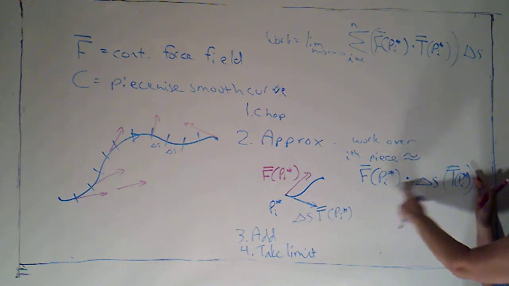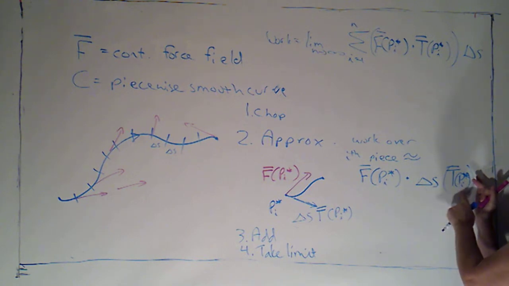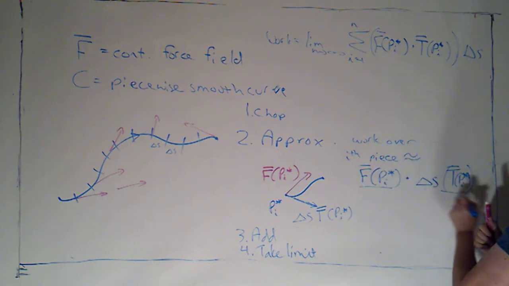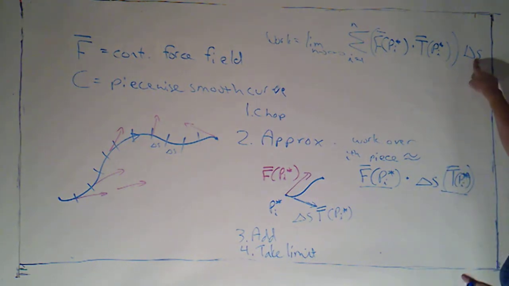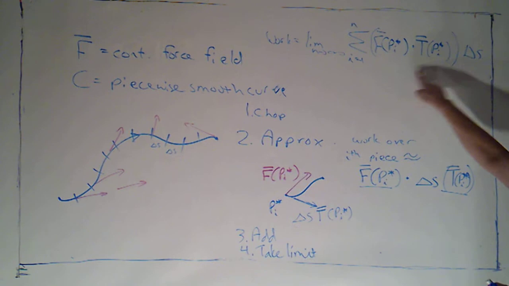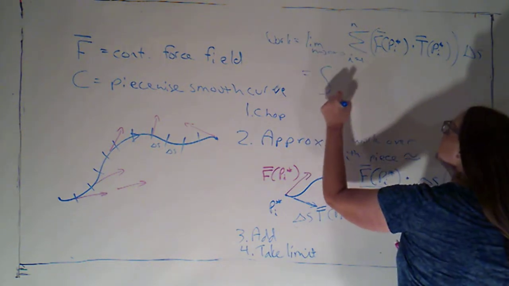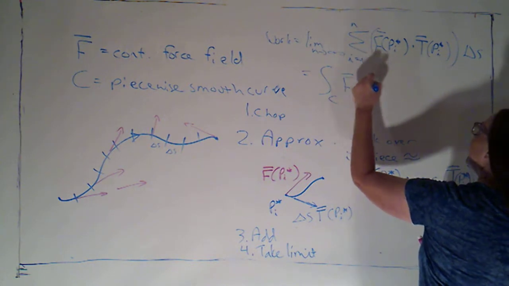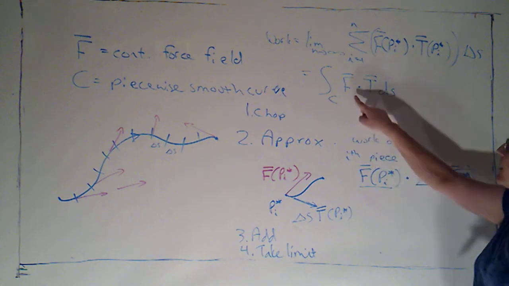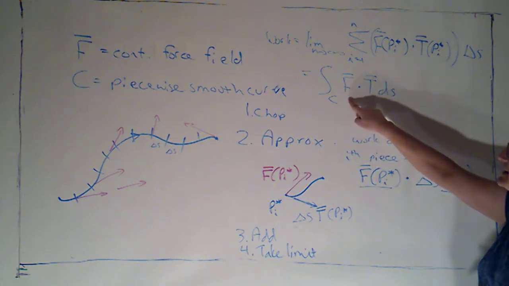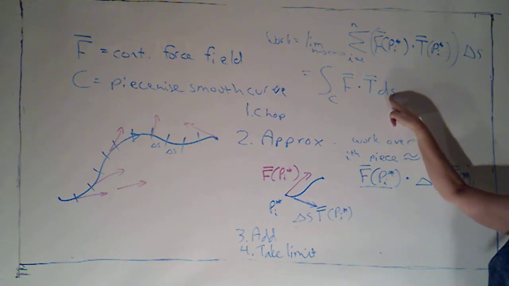If you remember, we had that property of the dot product, that if I'm dotting a multiple of a vector, I can just take the dot product of the two vectors and then multiply by that scalar at the end, and that's what I've done here. But if I look at this, this is exactly the sort of Riemann sum that leads me to a line integral. So I'm going to be getting the integral along C of F dotted with T ds.